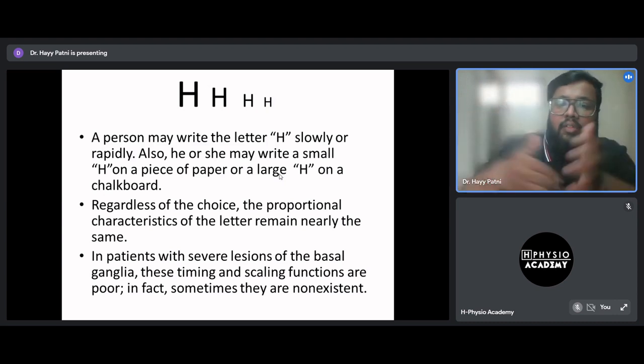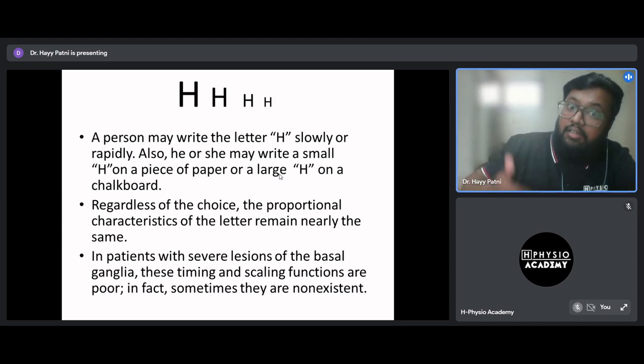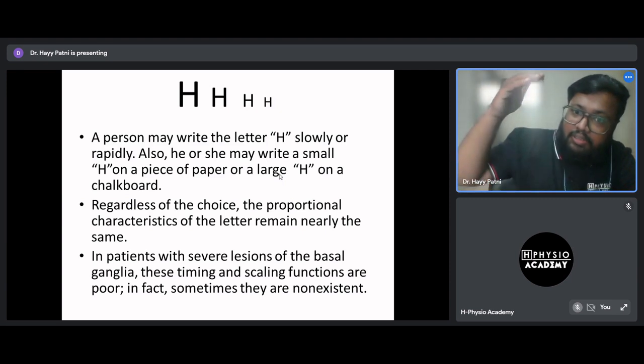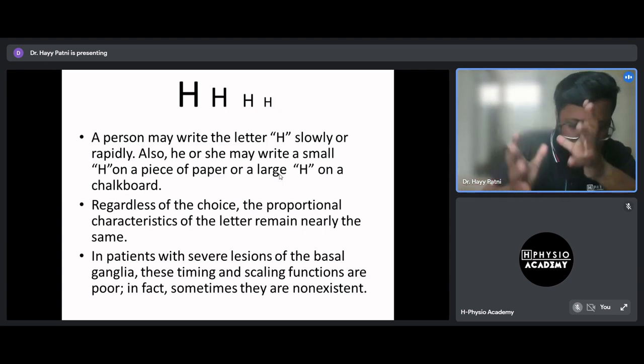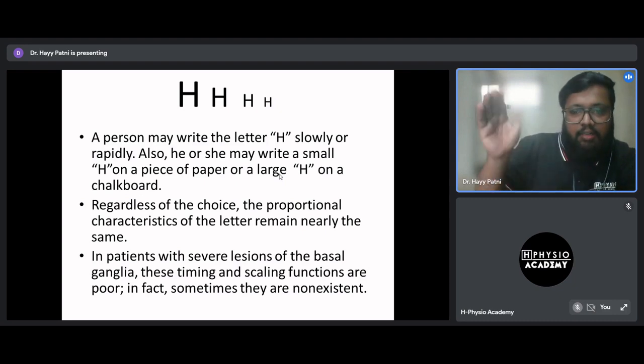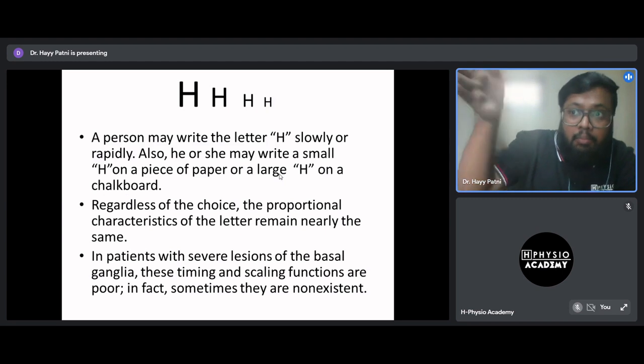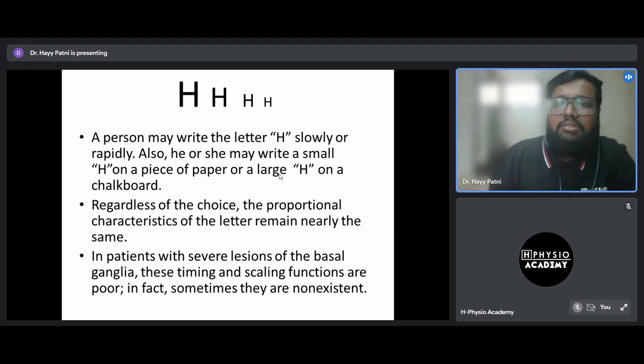Every patient might have a different timing and sequence according to their body composition, their height, and other issues, maybe the spasticity, rigidity, all that stuff. You have to understand that and then give timing and sequencing the most importance, because that will help you to actually treat patients with severe kinesia such as Parkinson's.